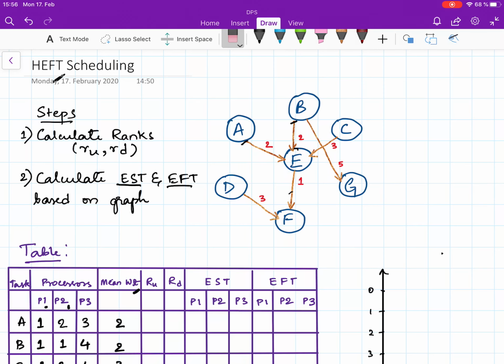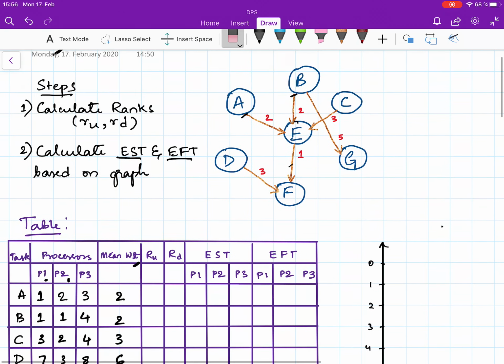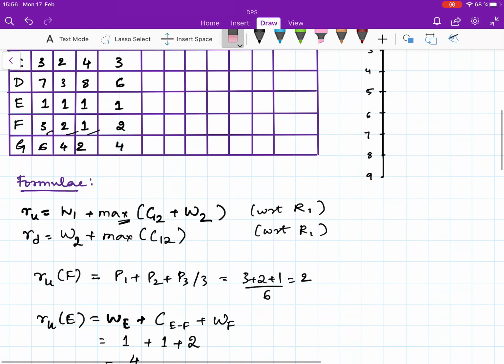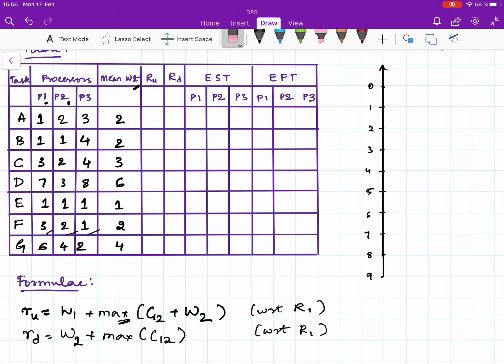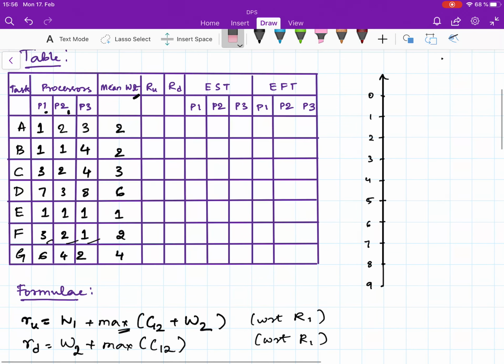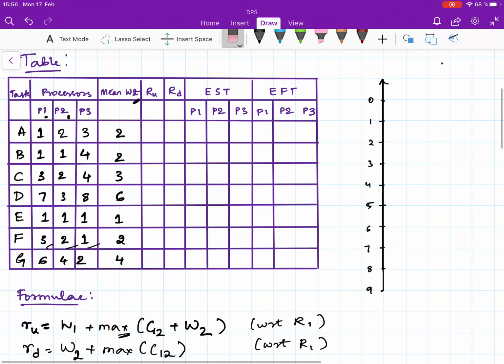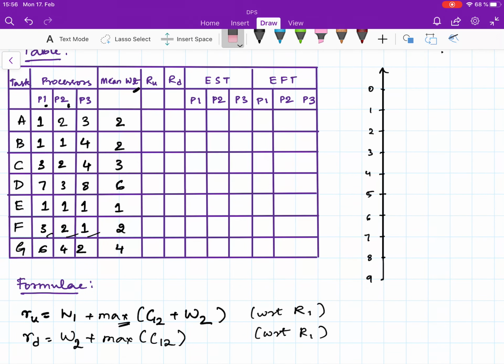And the first is to calculate the ranks. So let's do that. This is a formula which I have used for simple understanding. To calculate RU, which means the upper rank, you add the weight of the task for which you need to calculate.